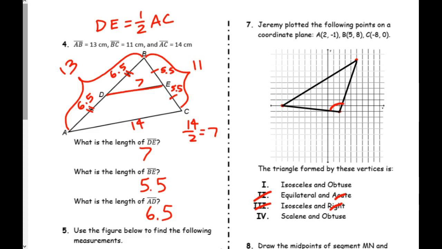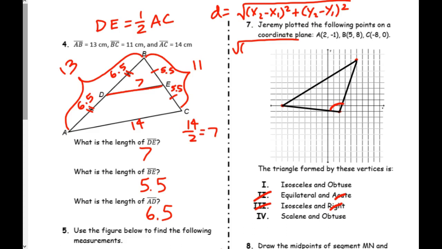So you could use the distance formula to find these missing lengths here. So let's do that real quick. Please remember, for the distance formula, x2 minus x1 squared plus y2 minus y1 squared.